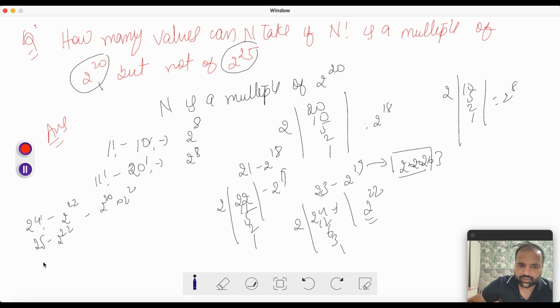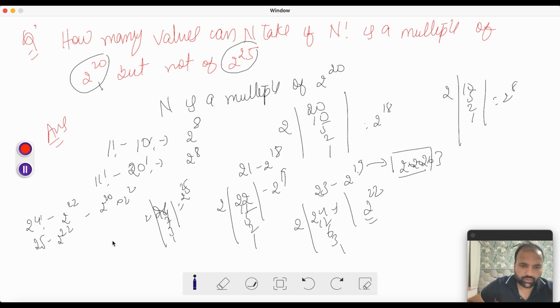In 26, we are adding 1, so 23. In 27 it stays the same. In 28, it should be 2 into 2 into 7, so 14, 7, 3, 1, giving 25.